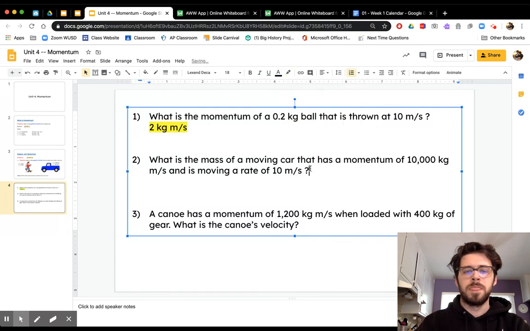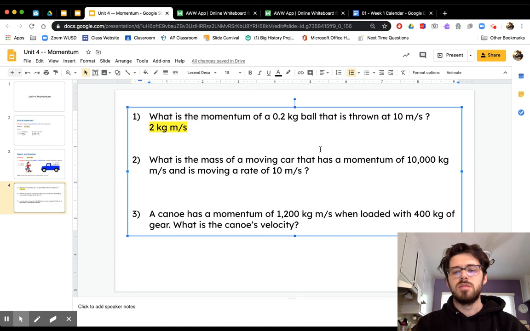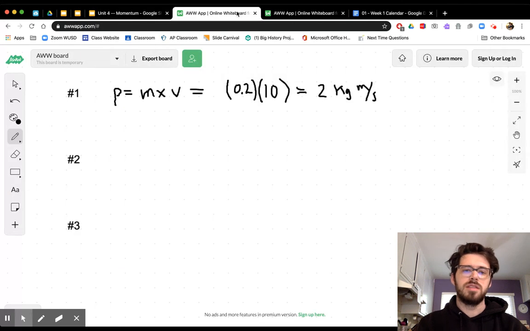All right. What is the mass of a moving car that has a momentum of 10,000 kilograms meters per second and is moving at a rate of 10 meters per second? Let's do that. So we have 10,000.